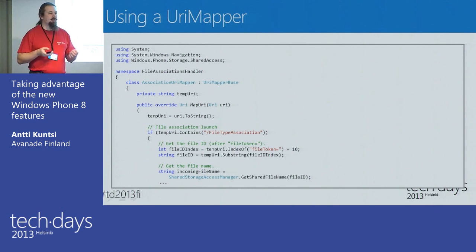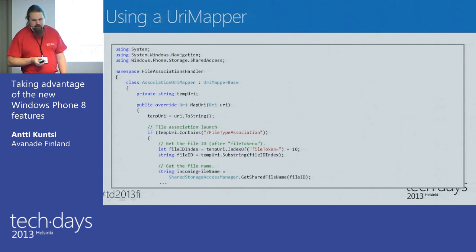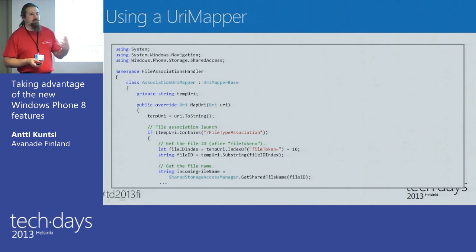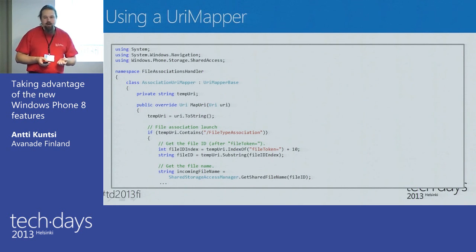Then you parse the token out of it, in this case the file token, which we define in our WMAppManifest XAML. And then we call SharedStorageAccessManager.GetSharedFileName with the token we were given. So we don't get the actual file, we get a token to a file.